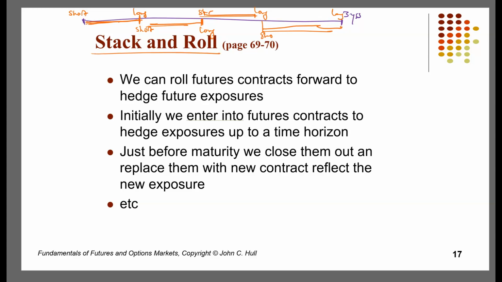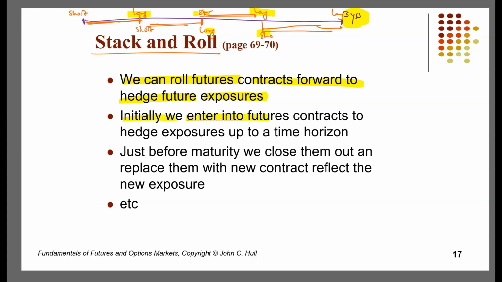So it could be a series of short hedges or a series of long hedges. The idea here is that to protect the long term, we might take a series of short-term hedged positions. So we can roll futures contracts forward to hedge futures exposure. That's the long-term exposure we want to hedge.